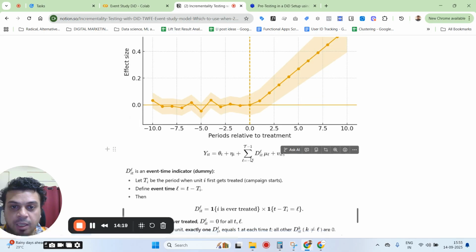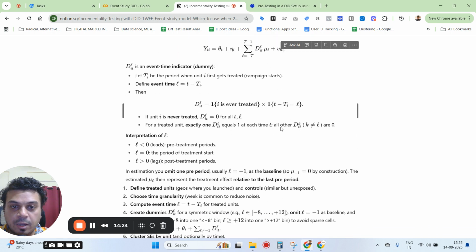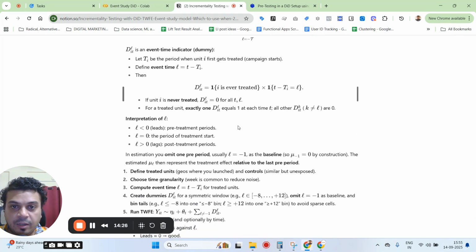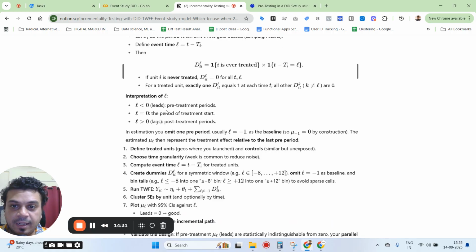So that's how it is getting defined in here. Hope that makes sense. L, like I said, is going to be 0 for the period when it starts. It's going to be greater than 0 when the treatment is already over, and pre-treatment periods are basically your L less than 0.